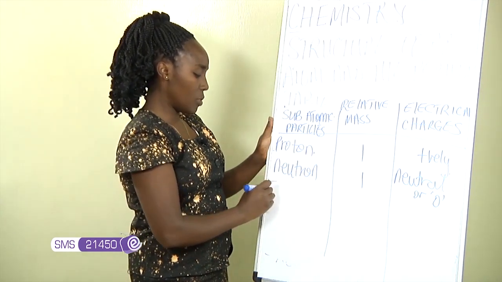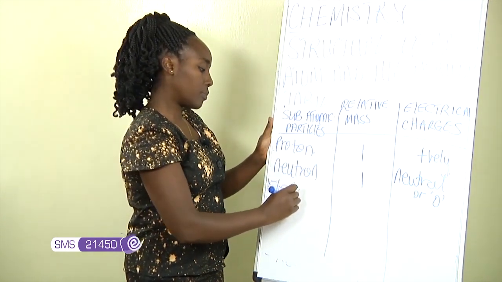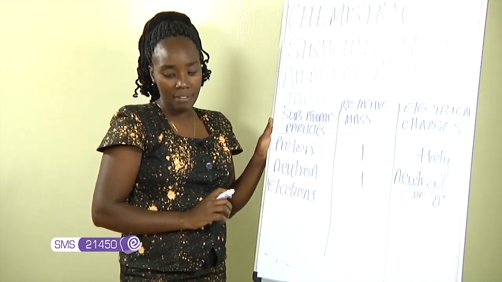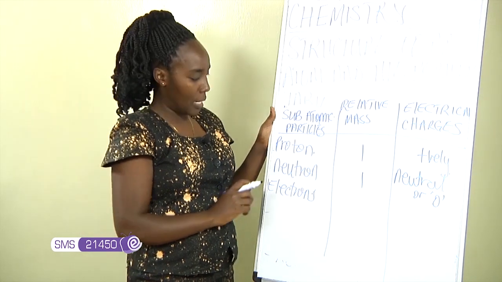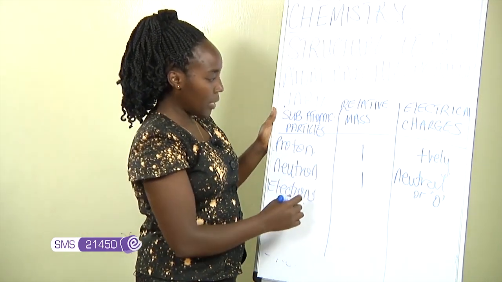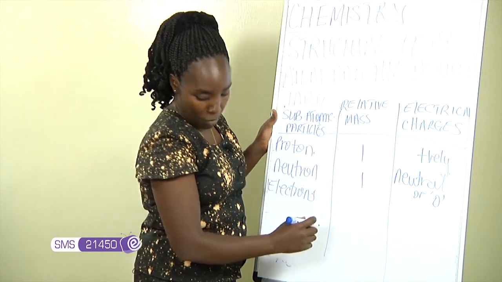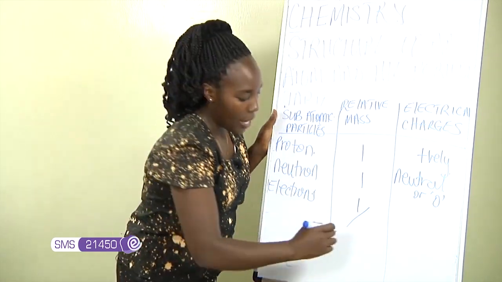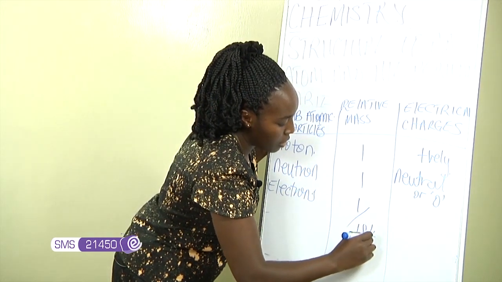And then the electrons. The electrons, we have said that they have a negligible mass. Therefore, we can talk of its mass being 1 over 1,840.